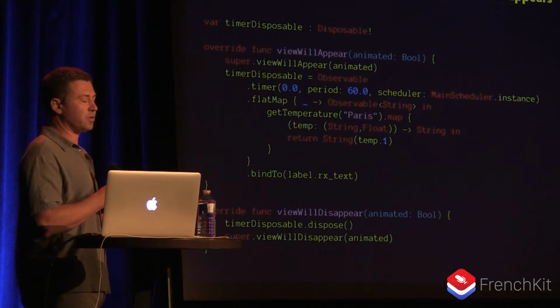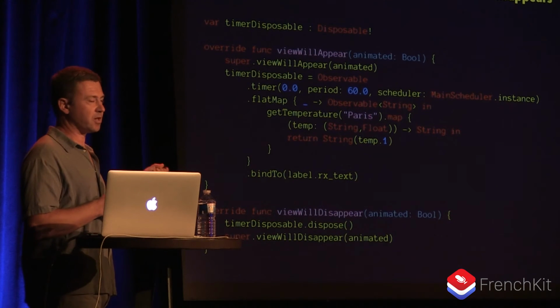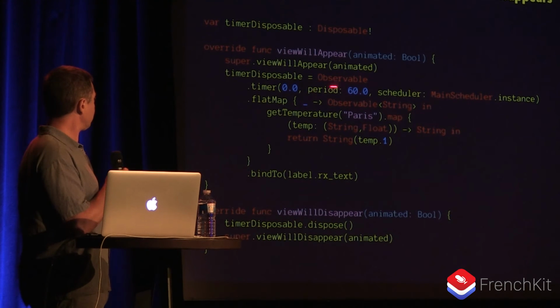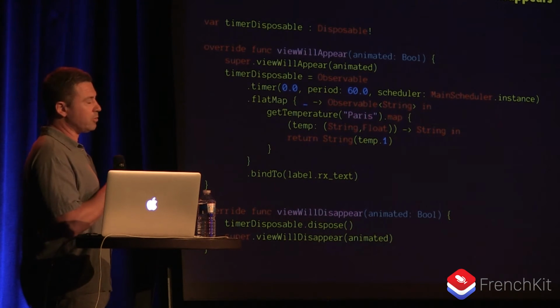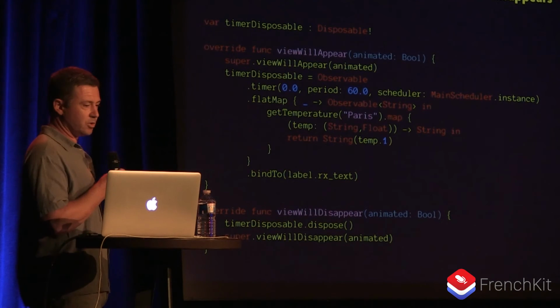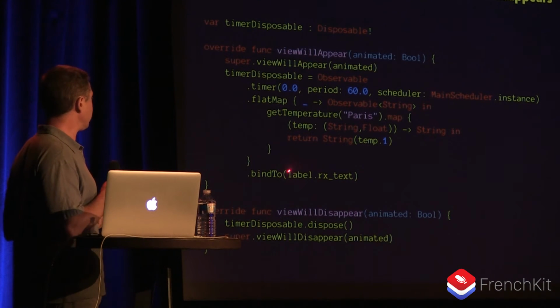We take our observable timer. Every time it fires, it's going to emit an integer. We just discard it. We don't need it. It's a counter. It's going to fire every minute, and every time it fires, we create a new observable sequence, which is a new query for the temperature. We flat map this result, and we use a method called bind_to.